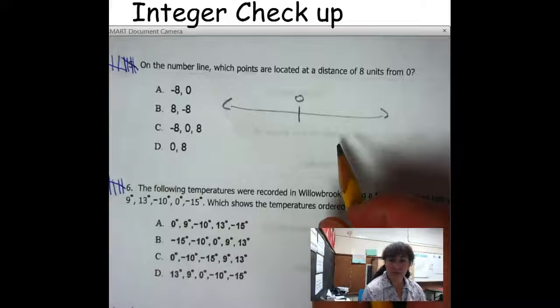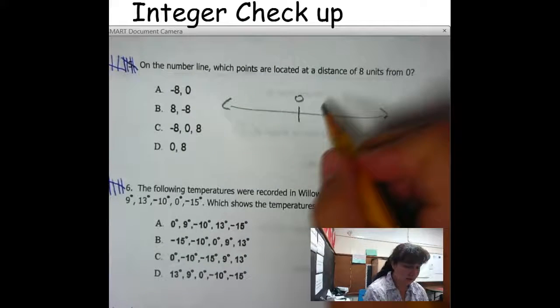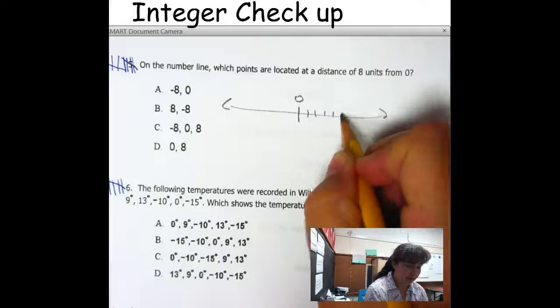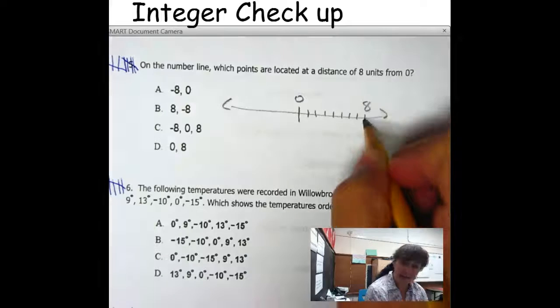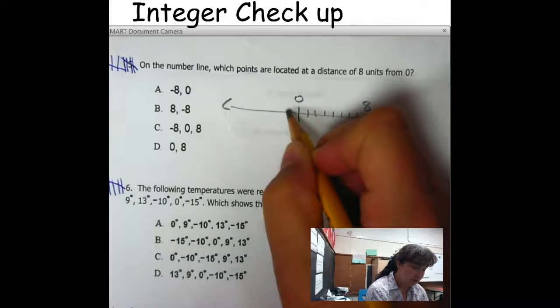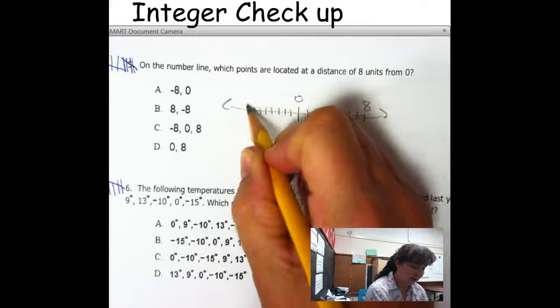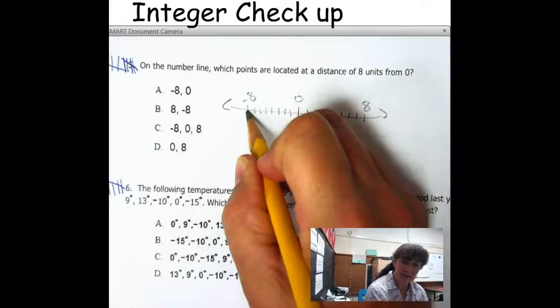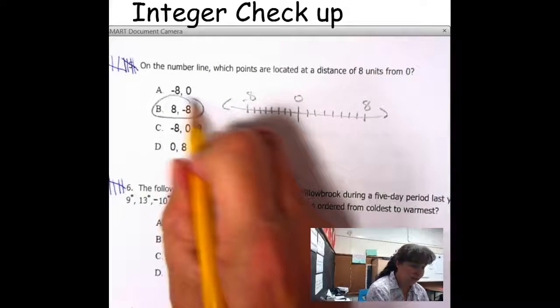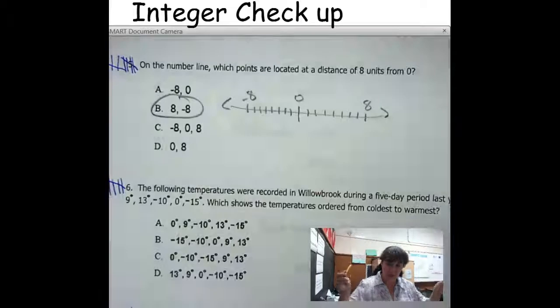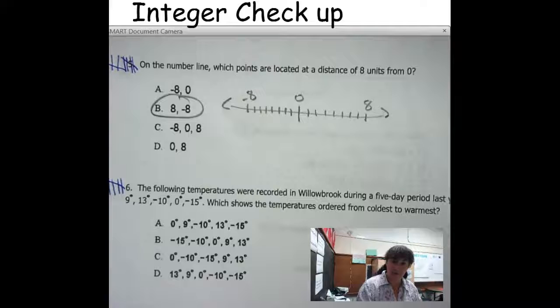Which numbers on the number line, which points are 8 units? So 1, 2, 3, 4, 5, 6, 7, 8. Positive 8 is 8 units away. 1, 2, 3, 4, 5, 6, 7, 8. And negative 8 is 8 units away. So letter B, those are the two places that absolute value is 8. They're both 8 steps from 0. Okay.